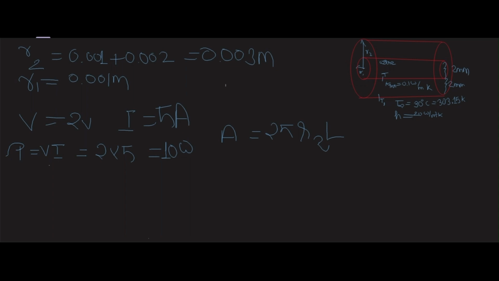The heat transfer from the insulation to the environment uses area R2. So we write the formula of heat transfer.